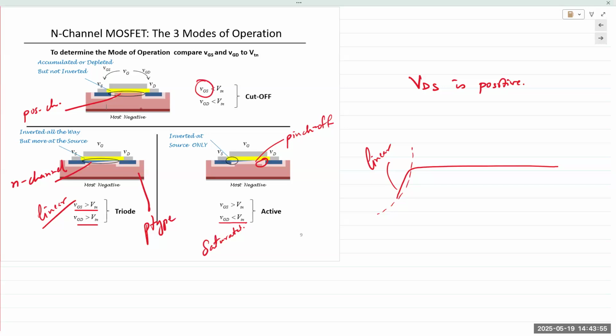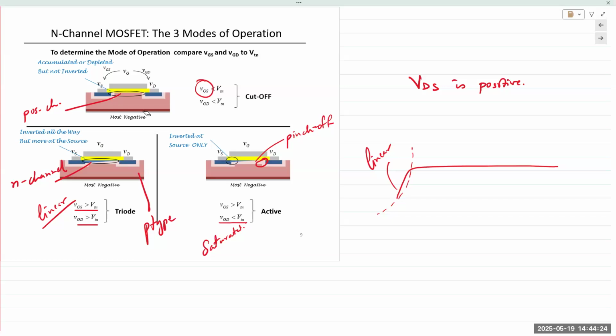When the channel is established, as shown here, and we apply a voltage between the drain and the source, the channel has electrons. If you apply a positive voltage at the drain with respect to the source, these electrons will move in response to that applied external voltage. And so you have electrons flowing from the source to the drain, current flowing from the drain to the source, similar to a BJT.